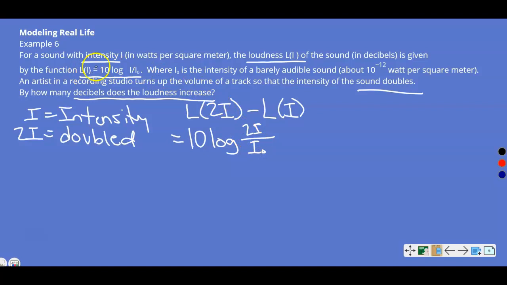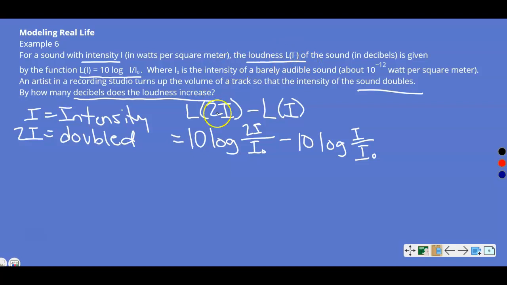Again, that comes from right here. The only difference is this is when the sound is doubled, so that's why we have a 2 here. And then we're going to have minus the loudness of intensity, which is 10 times log of I over I sub 0. And that is exactly this, because that is given for both intensity and loudness.